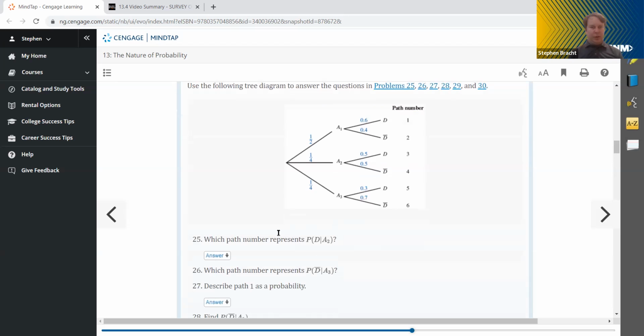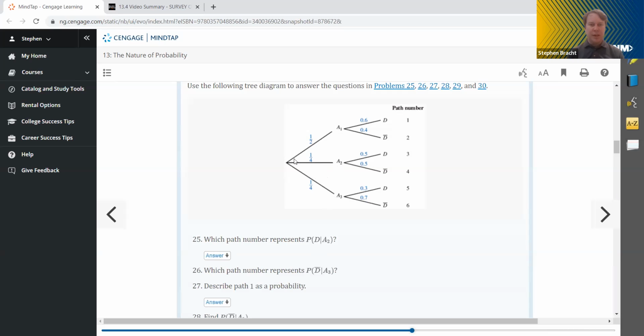For 25 and 26, to figure this out, you just have to look at the diagram. It says which path number represents the probability of D given A2. The vertical line there represents conditional probability, which we talked about in class last time. So what is the probability that event D occurs given that event A2 has already occurred? These are your conditions, the first set of branches.